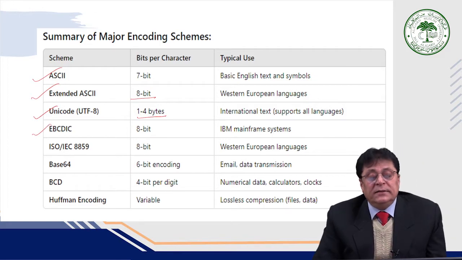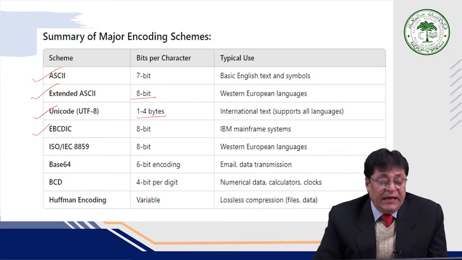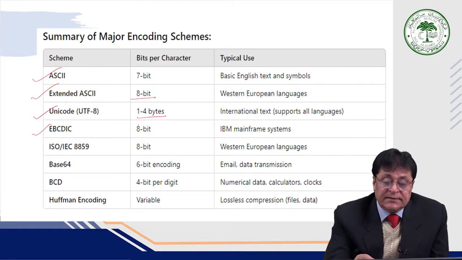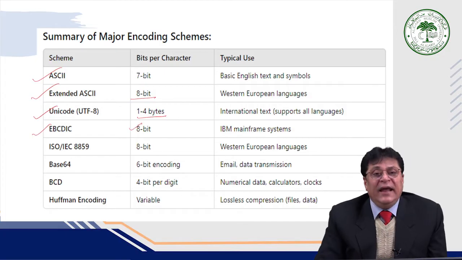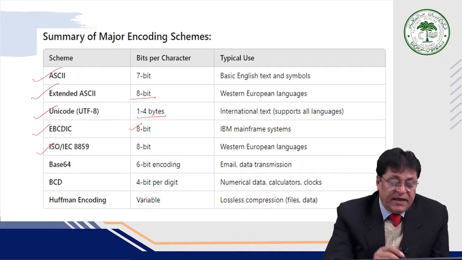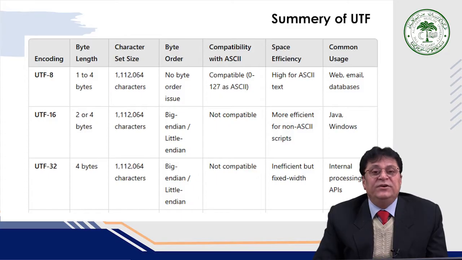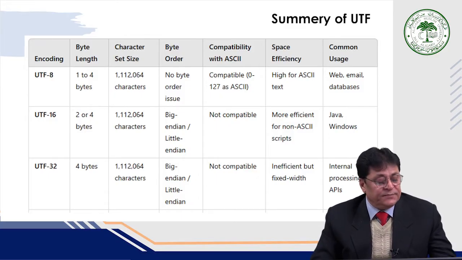One more encoding scheme is EBCDIC, Extended Binary Coded Decimal Interchange Code. It is an 8-bit encoding scheme. ISO IEC 8859 is another such scheme. UTF-8, UTF-16 and UTF-32 we have already discussed.